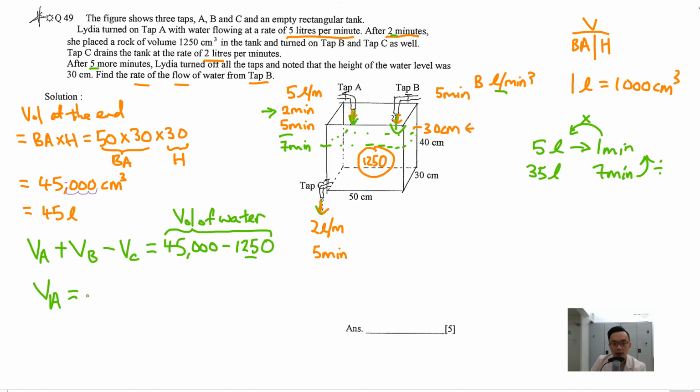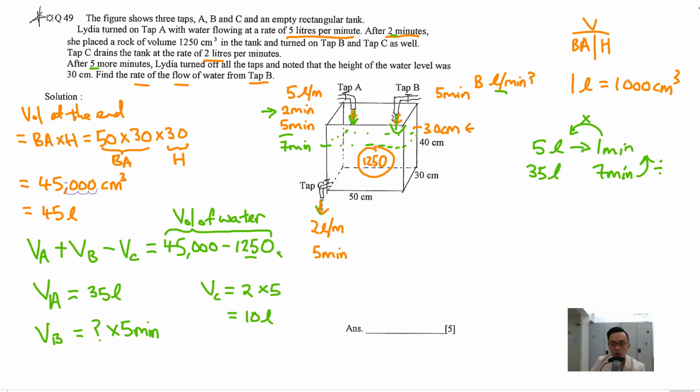That's A, so A is 35 liters. Volume of B is equals to a question mark times 5 minutes. Volume of C is equals to 2 liters per minute times 5 minutes equals 10 liters.